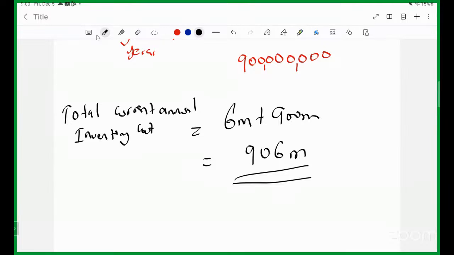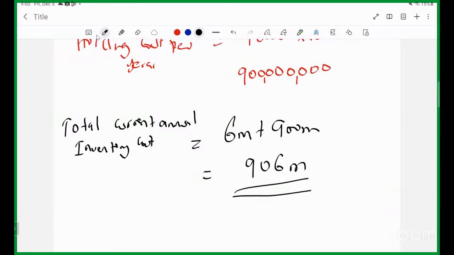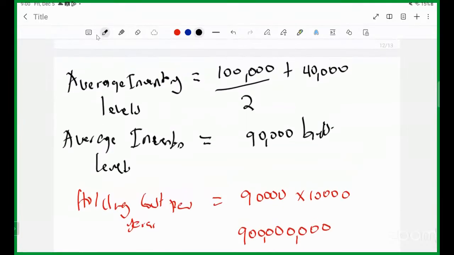On the holding cost, how did you get the 900 million? We got the average inventory level times the holding cost per bird. How do you get the average inventory level?